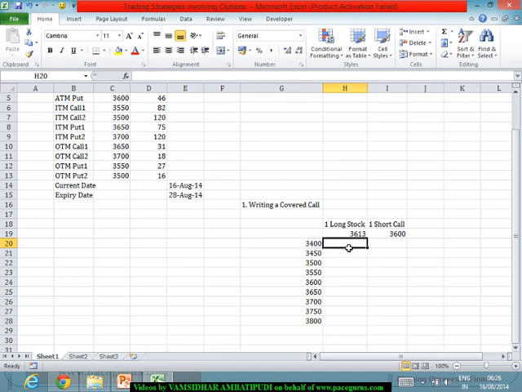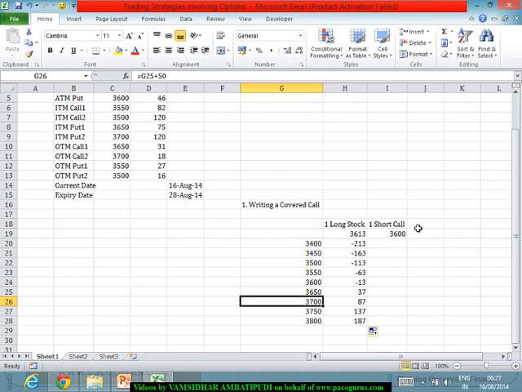So I could represent this as this minus this, and directly I am getting the positions. If the market price has gone to 3,700 on that day, I would have gained 87 bucks. That is what it is showing.